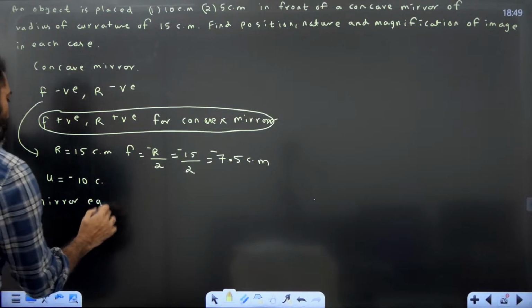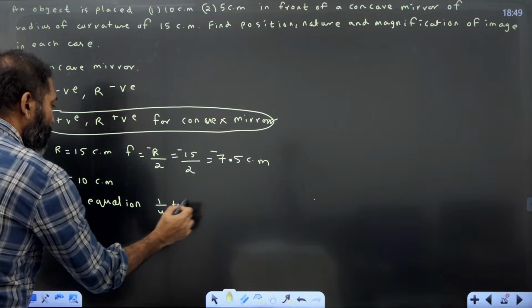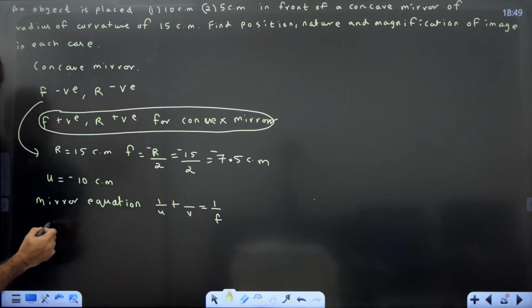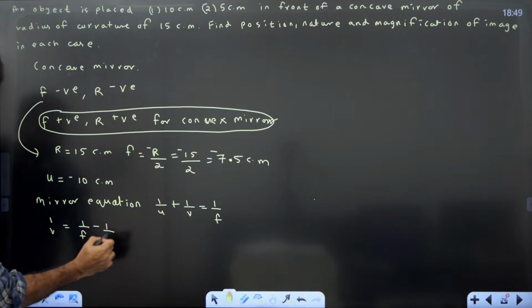We know the mirror equation. What is the mirror equation? 1 by u plus 1 by v is equal to 1 by f. So what we have to find out? 1 by v is equal to 1 by f minus 1 by u.